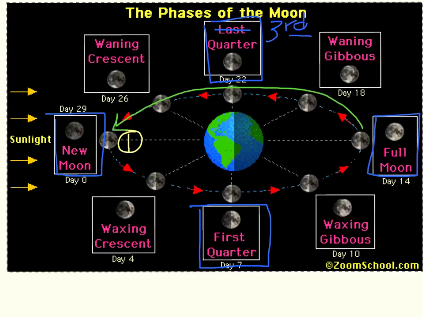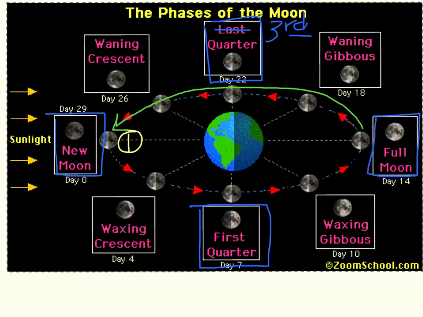This third quarter moon looks very similar to the first quarter moon. However, notice here that the lighter portion of the moon is on the left in the third quarter, whereas it was on the right in the first quarter. The reason for that is that the moon gets bigger from right to left.